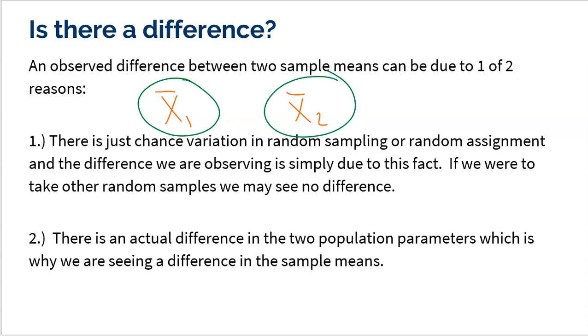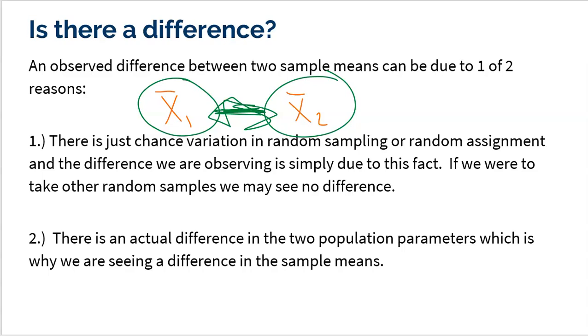But the question is, why are we seeing a difference? There are two possible explanations for why we're seeing a difference between these two values. The first is that we're seeing a difference because of simple random variation or random assignment. Anytime you look at two samples, they're going to vary.